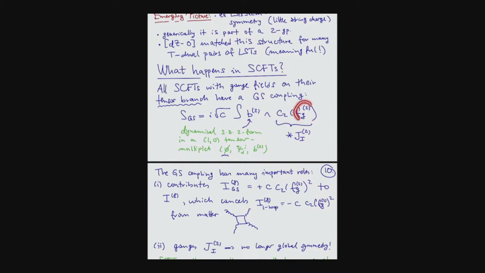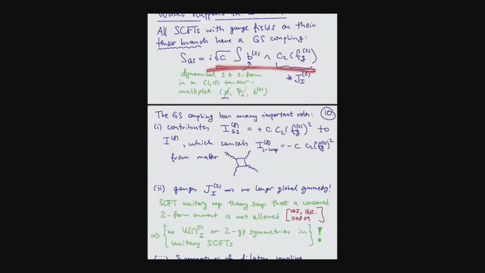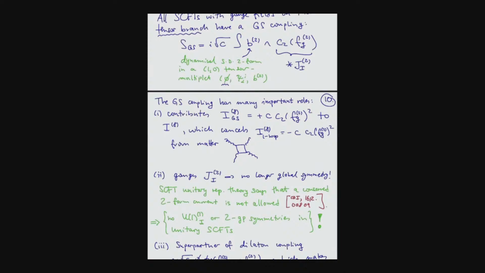So if little f is a dynamical gauge field with second Chern class c2 of little f, then there's always a coupling of this form to the dynamical B field in the (1,0) tensor multiplet. It looks formally identical to the coupling I wrote down before, but before this B was a background field. It didn't do anything. It wasn't dynamical. Now this little b here is dynamical, and this coupling is much more dramatic. The reason this term is always present in a superconformal theory is because it has all sorts of important functions to perform.